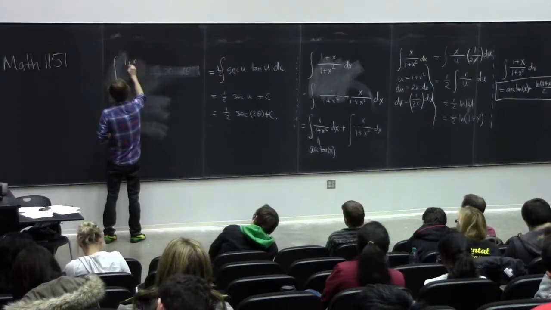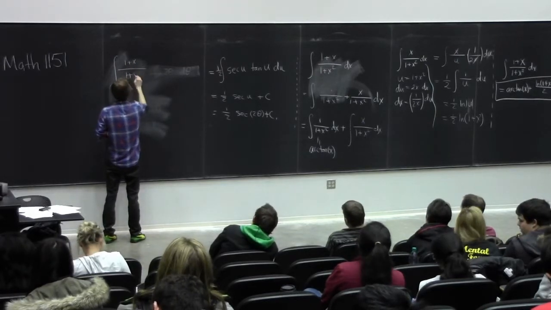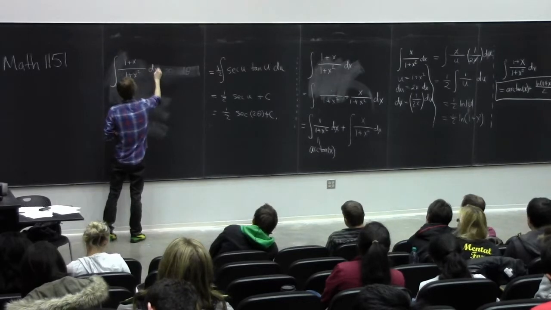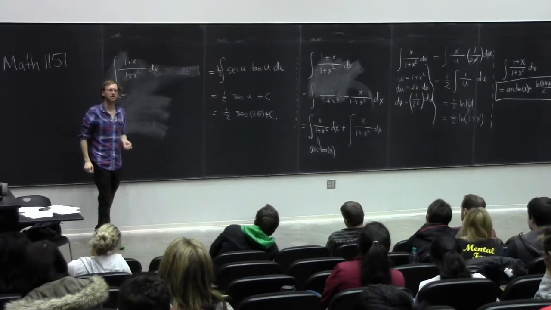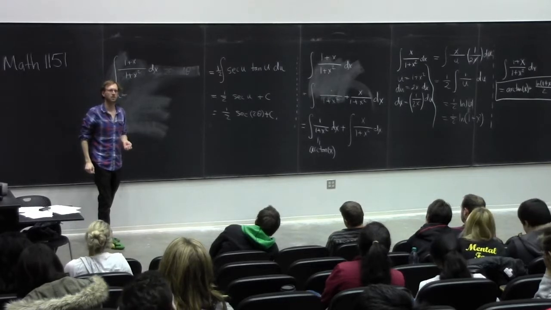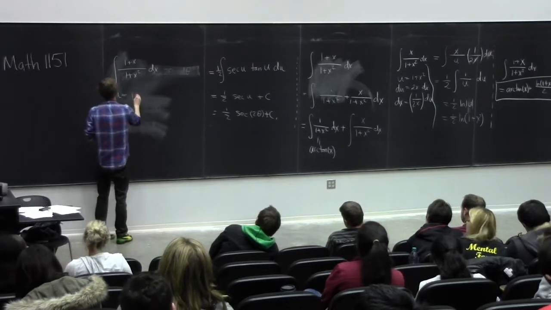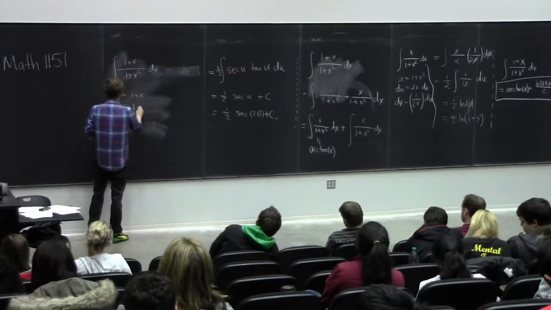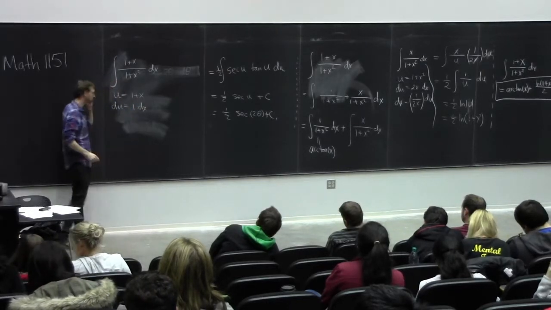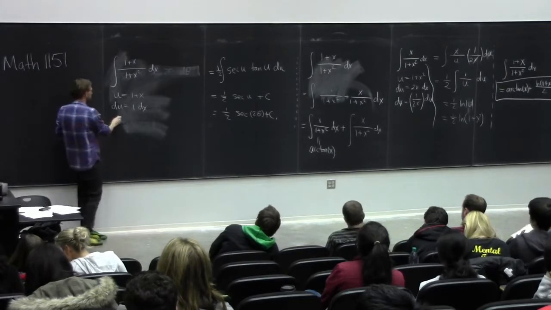So let's see, 1 plus x. You're talking about this, right? dx. And now, do you know what to set u to be? u is 1 plus x. du is equal to 1 dx, and now dx is equal to du.